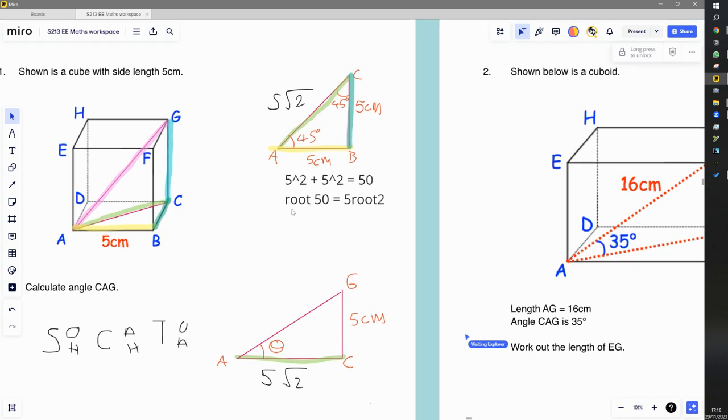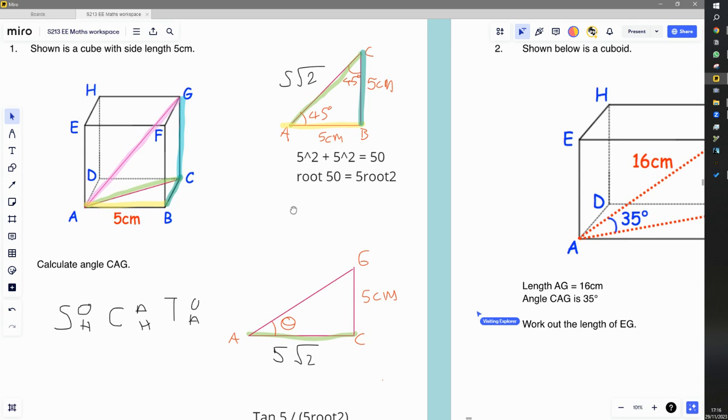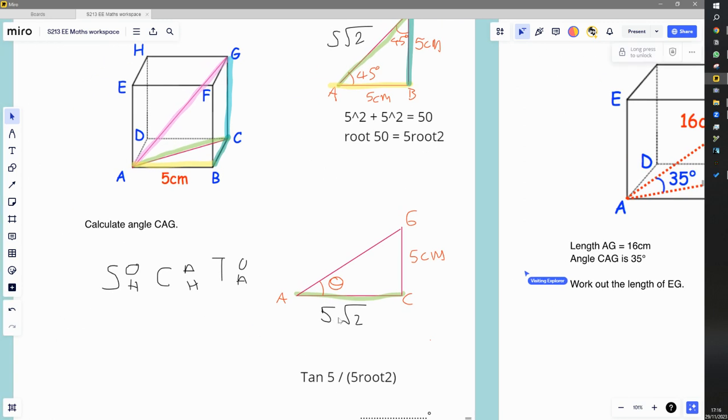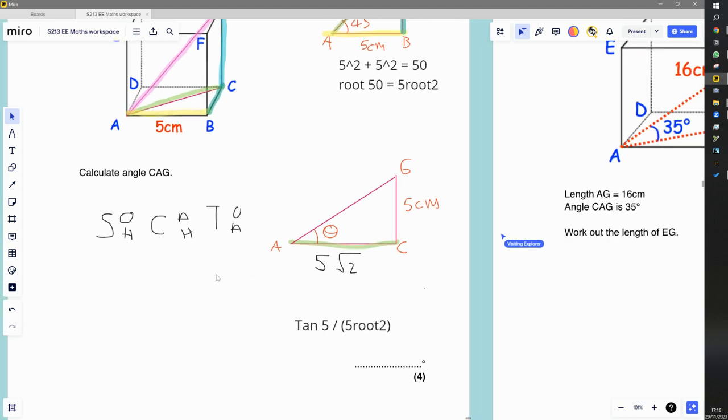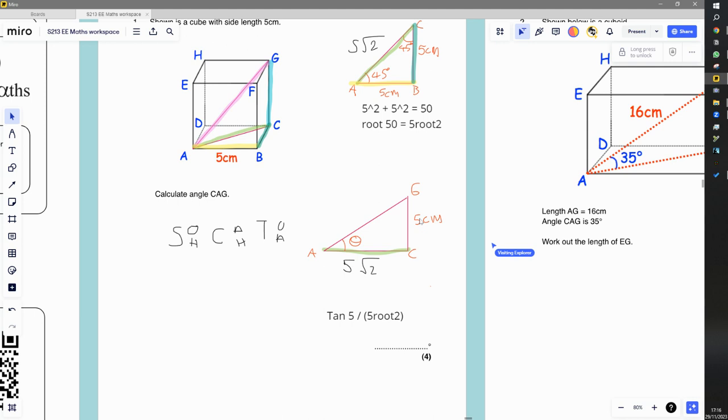If you wanted to leave your calculator to one side until the very end, just leave it as root 50. And then you can label this as root 50. So simplifying it is not necessary because we just need to get to the final answer. Unless, of course, they said find out the length of this side and give it in the simplest surd or whatever. But anyway, so now we have an opposite side.